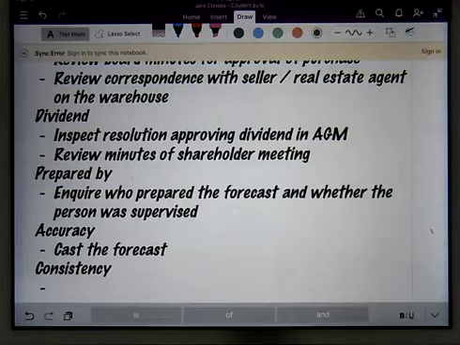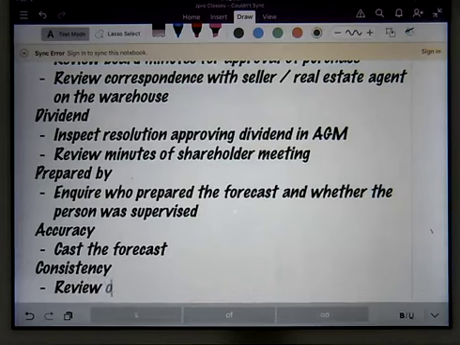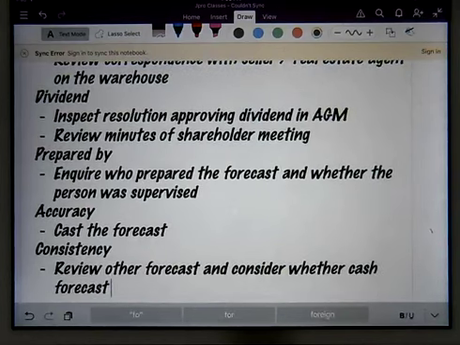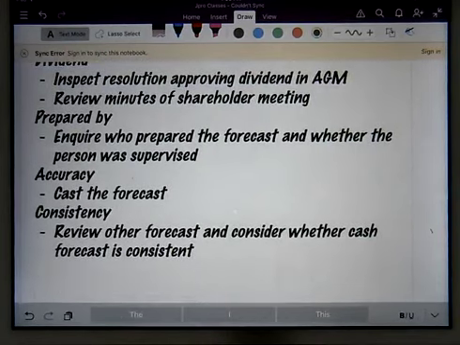Got it? Consistency. Okay, done. Are we okay in terms of PFI?